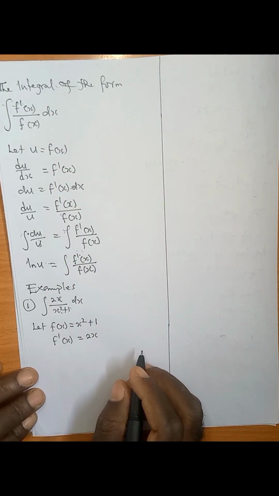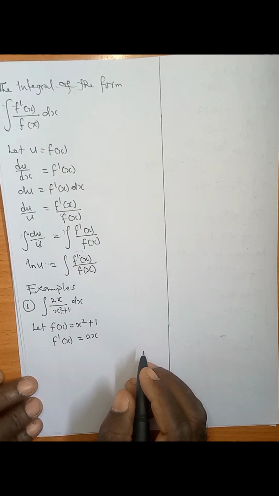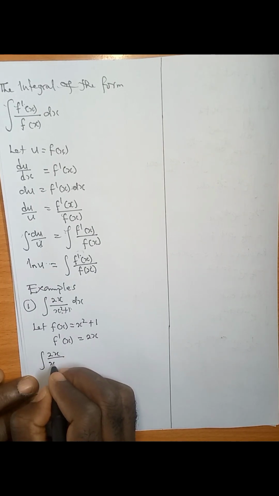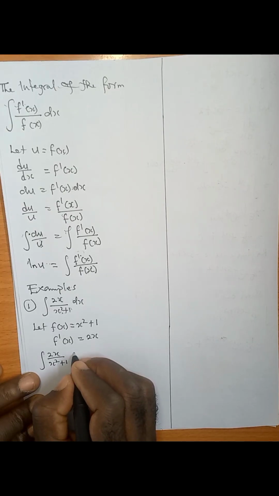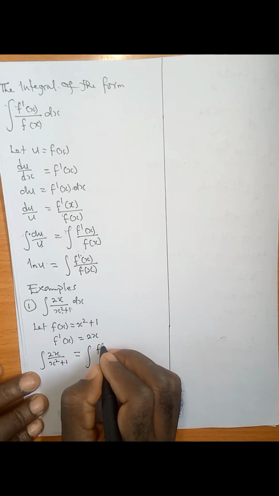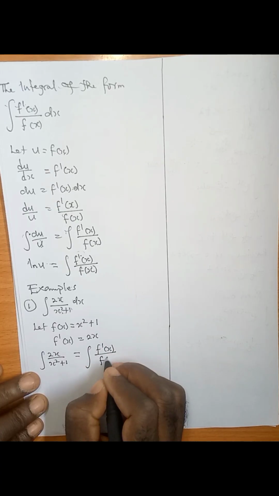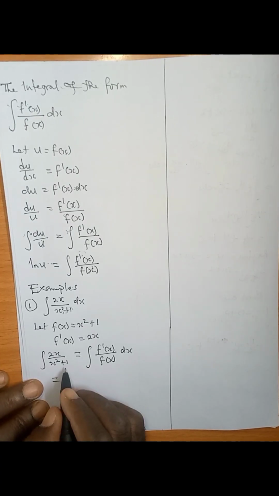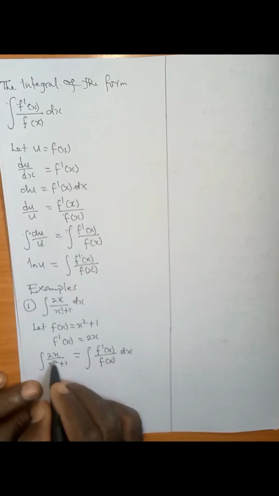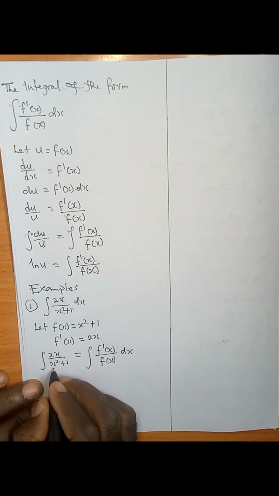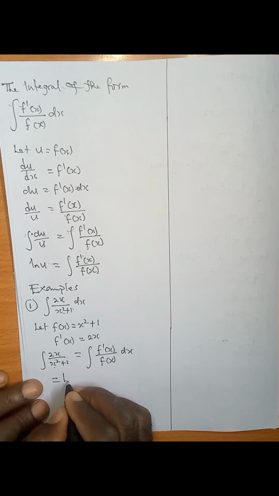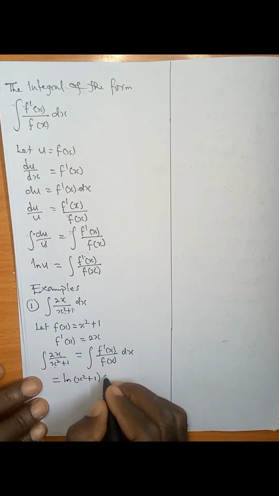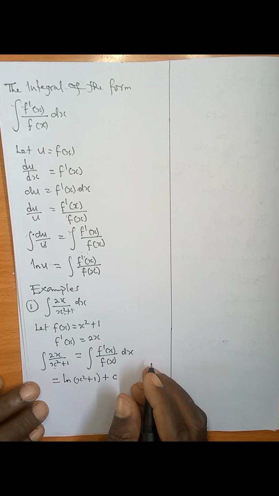Then we follow this format. Then we now say the integral of 2x over x squared plus 1 is equal to the integral of f prime of x over f of x dx. For that reason, we said that if the numerator is the differentiation of the denominator, what we'll do is just take the natural log of the denominator as your integration. This will be ln of x squared plus 1, then you add the constant of integration.